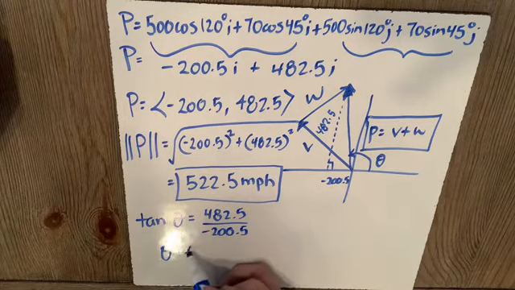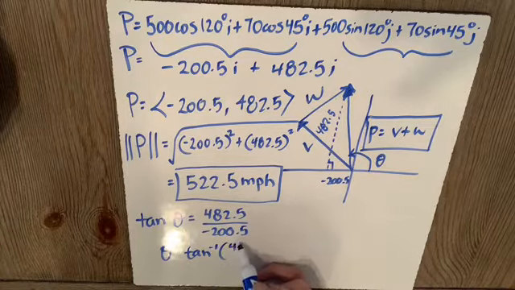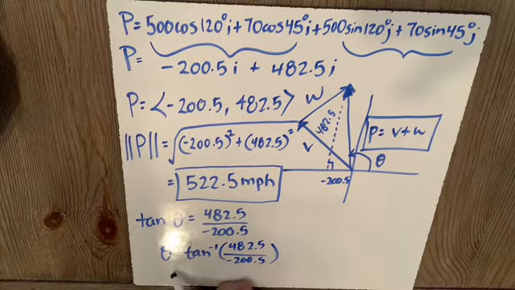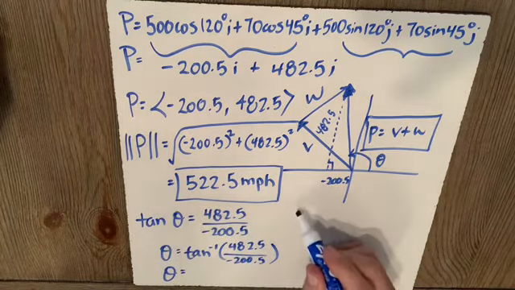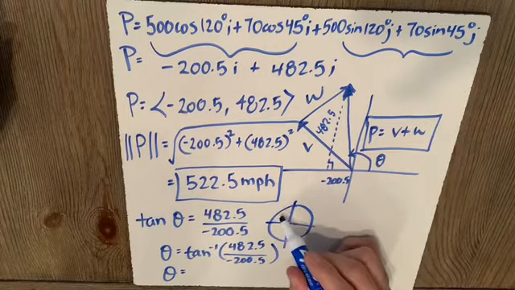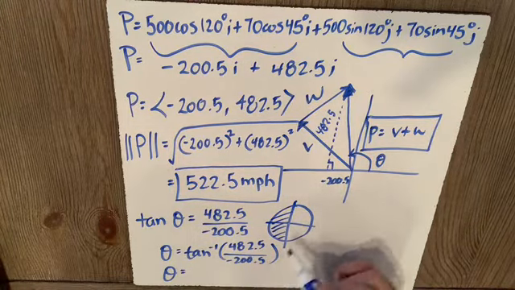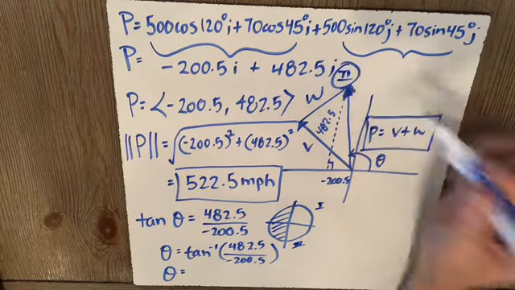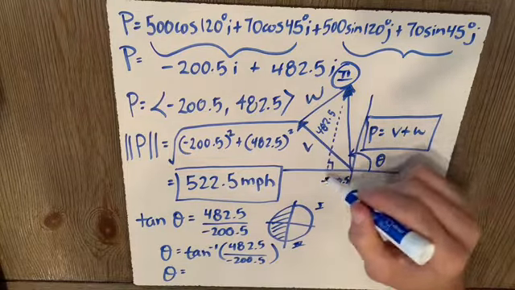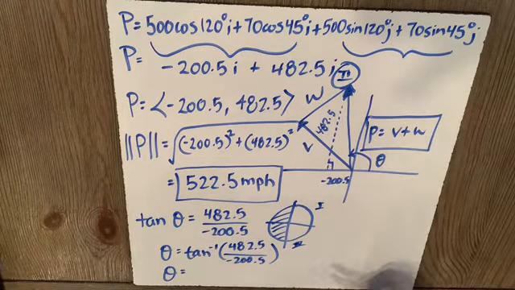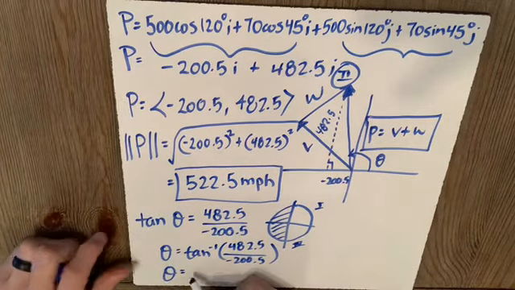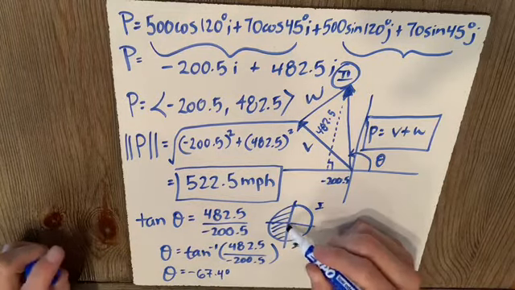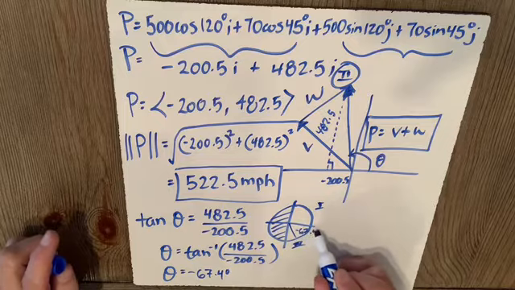So theta is inverse tangent of 482.5 over negative 200.5, which gives us theta is equal to, well, look, I know that when I take inverse tangent, I can only use quadrants 1 and 4. I'm expecting an answer in quadrant 2 based on my picture. And based on my components, a negative positive puts me in quadrant 2. When I do this, I get negative 67.4 degrees.